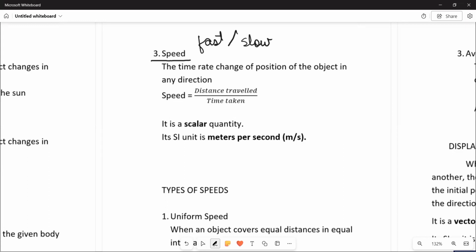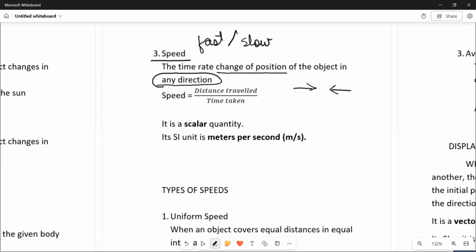So as it is mentioned here, the time rate change of position of the object in any direction. Here also we are not taking the direction into consideration. Even if we move from left to right or from right to left, the speed will always keep on increasing. It will never decrease, even if we are moving from left to right or right to left.